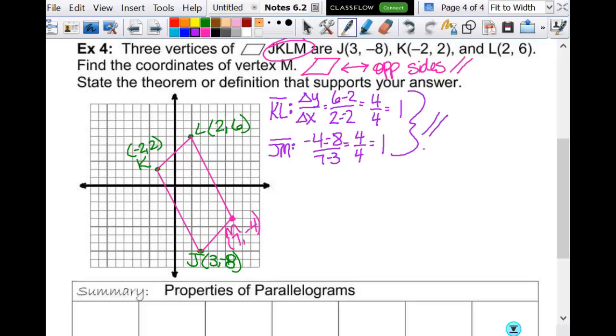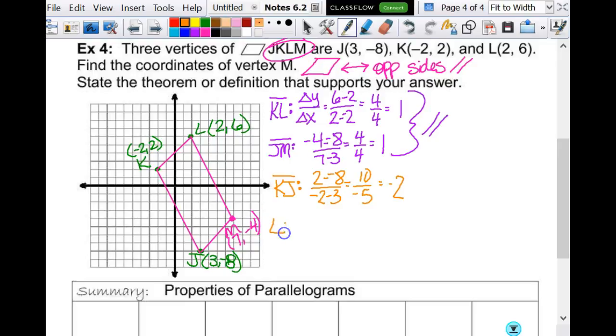How many sets of opposite sides are parallel in a parallelogram? 2. How many sets have you shown? 1. So we got to do the other set. So KJ, that would be 2 minus a -8 over -2 minus 3, which is going to give me 10 over -5, which is a -2.